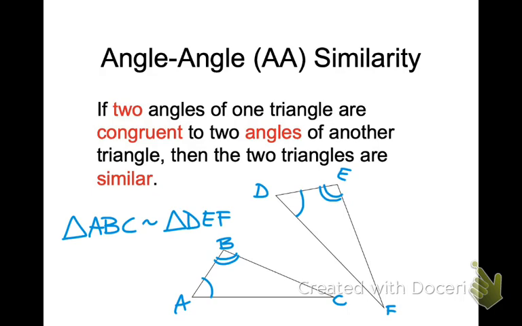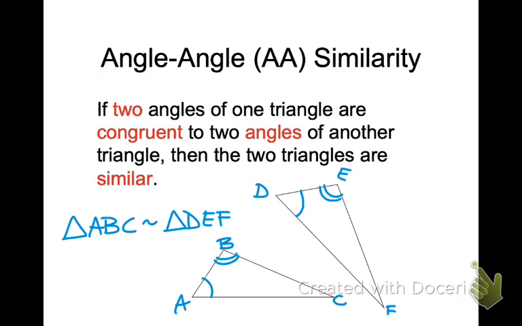Vertical angles, right, would give us congruent angles, and parallel lines would give us congruent angles, or angle bisectors gave us congruent angles. Okay, so we're not going to have so many options when we do our proofs, because a lot of our reasons for proof on our purple sheets were for sides, like the reflexive property, midpoint, whatever else was on there. Okay, so angle-angle. Can you get two congruent angles? If so, then yes, we can say that my triangles are similar.